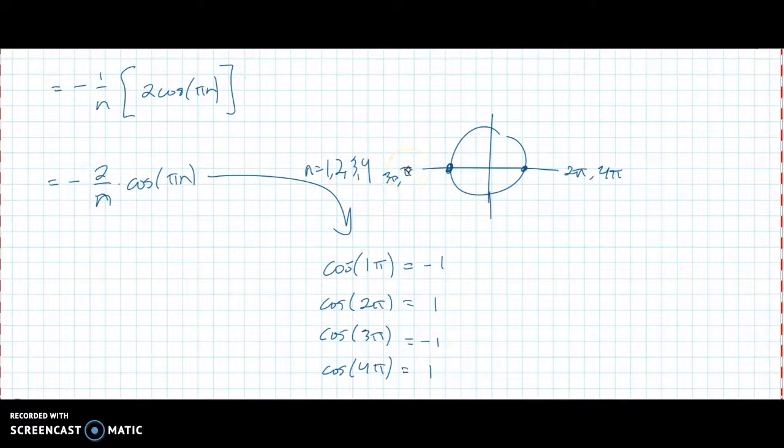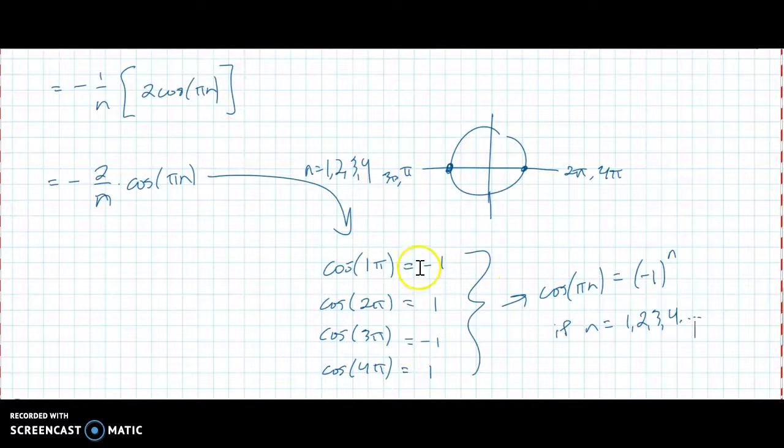Well, that's 1. What I want you to see is that cosine of pi n is equal to negative 1 to the n. Is that correct? Yep, if n equals 1, 2, 3, 4, etc. If n is the integers, or if n is the natural numbers, the counting numbers, right?